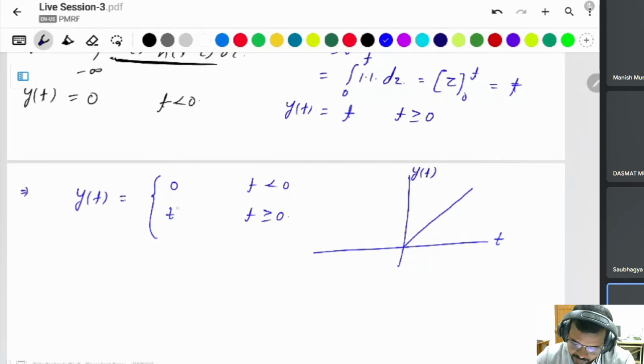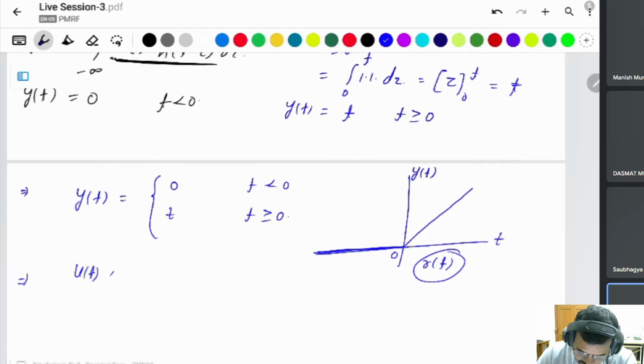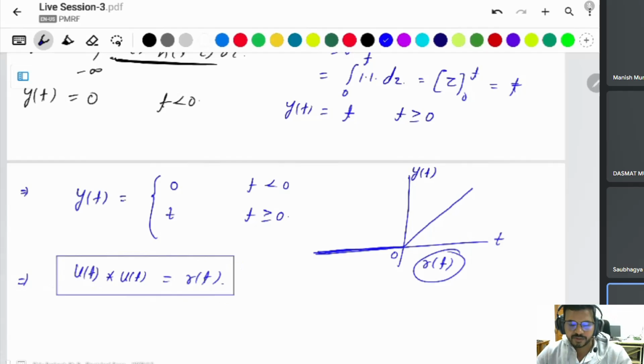For t less than 0 it is the 0 signal, and after t equals 0, t simply increases linearly. This is also known as the r(t) signal. It means the convolution of two unit step signals u(t) is a ramp signal y(t) = r(t). Convolution of two step signals is a ramp signal.